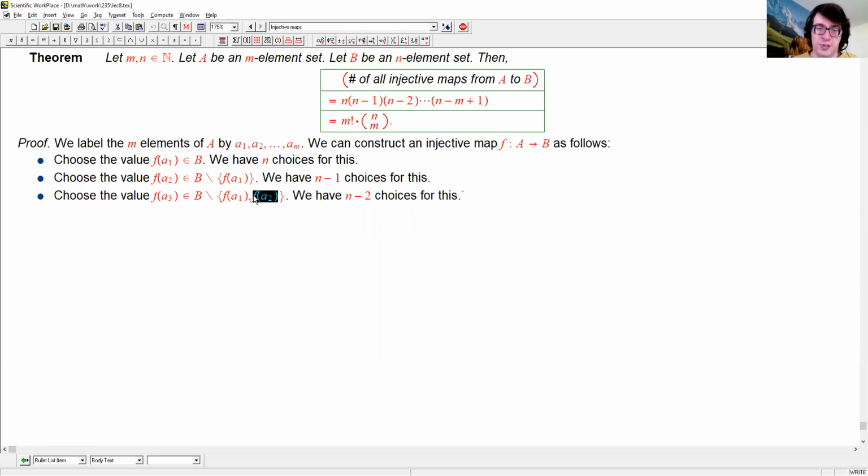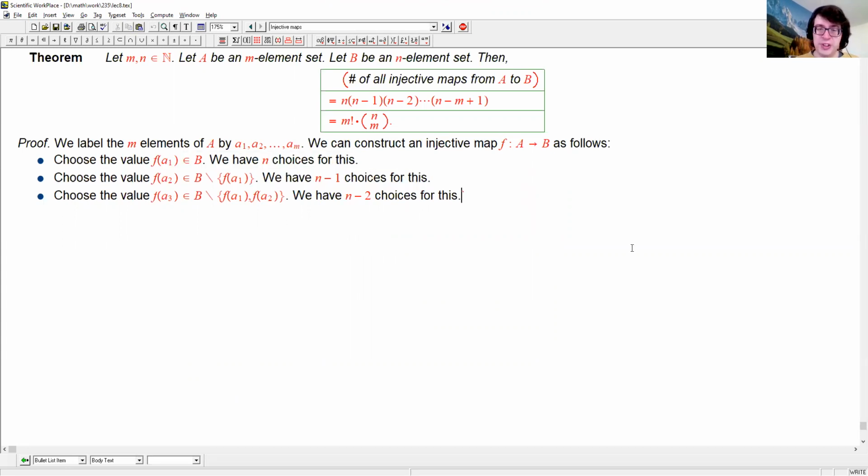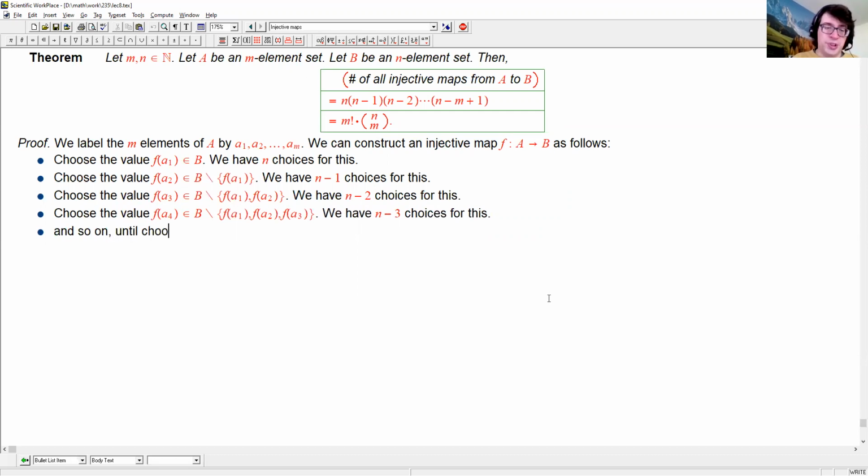Because these two values we have already chosen, these excluded values, they're distinct. This was guaranteed by their choices. So next, you can guess what comes next. F of A4. This time we have to avoid 3 chosen values, and they're distinct. So there are n minus 3 choices, and so on, until choosing the last value, f of AM, and there are n minus m plus 1 choices for it.